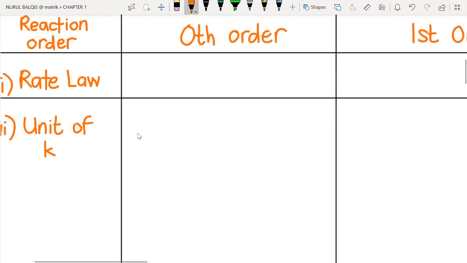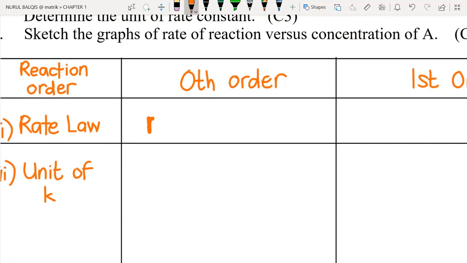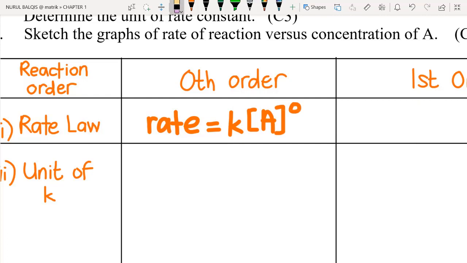We know that the rate is equal to K concentration of A to the power of 0. Any number to the power of 0 will give you a value of 1. So we can simply discard this part, leaving only rate is equal to K.